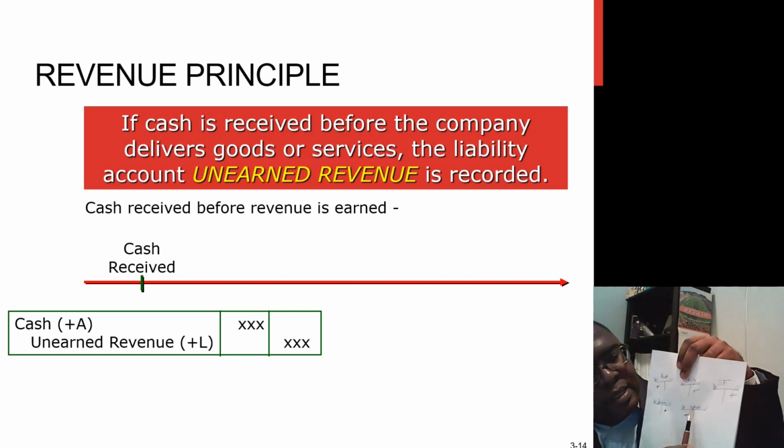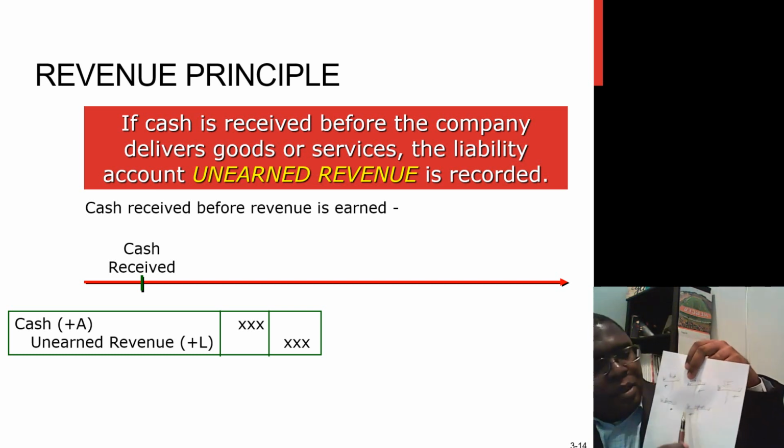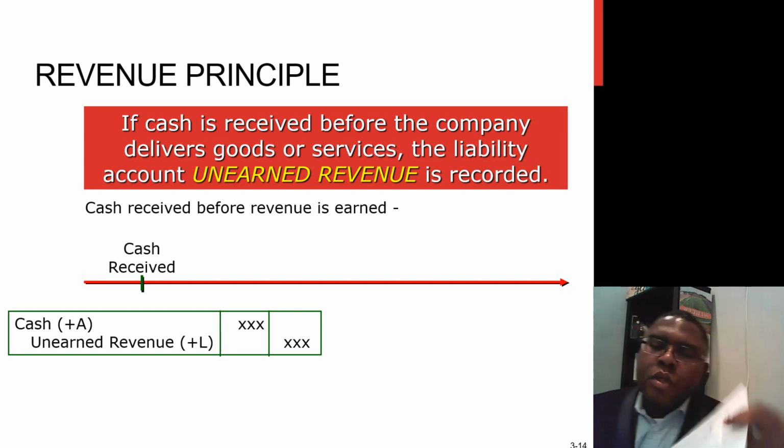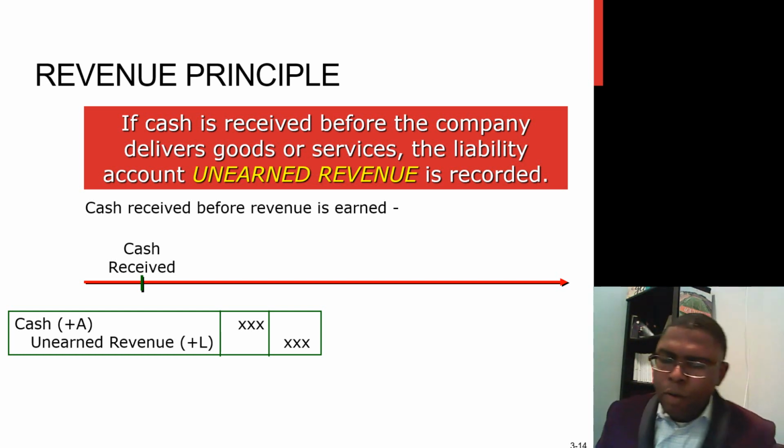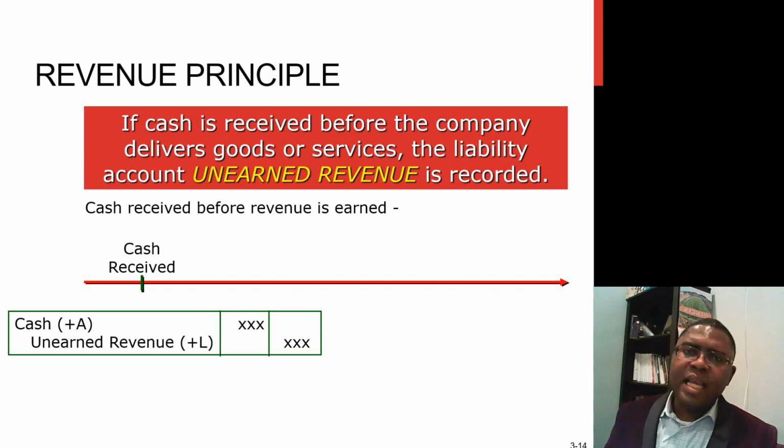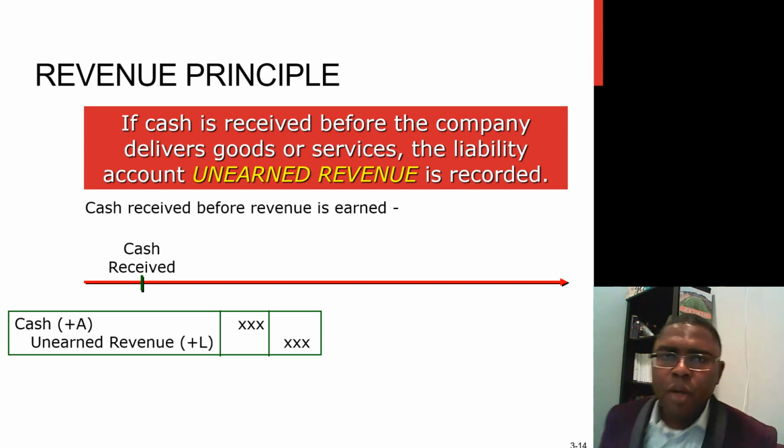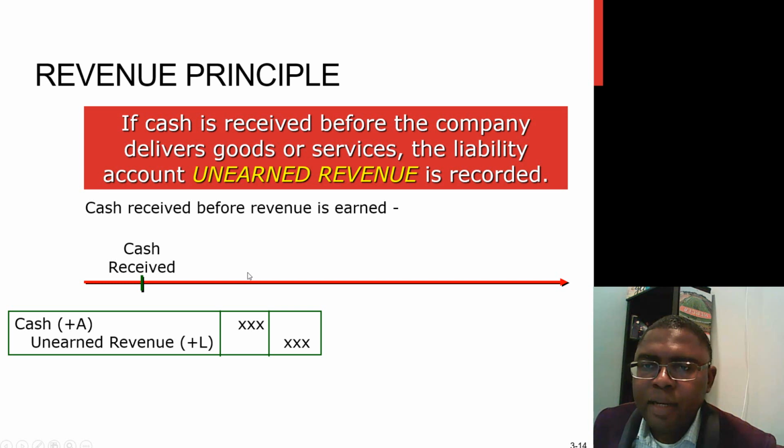So increases in expenses are going to be placed on the debit side. So these are the rules we are going to follow as we journalize transactions and post them on the general ledger.